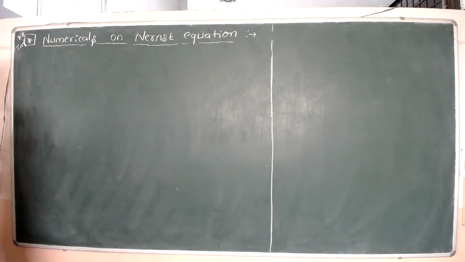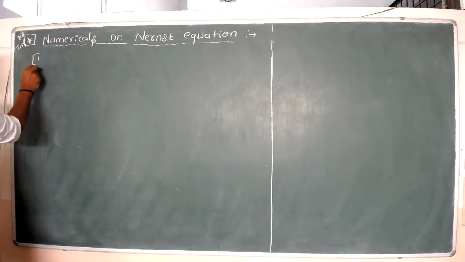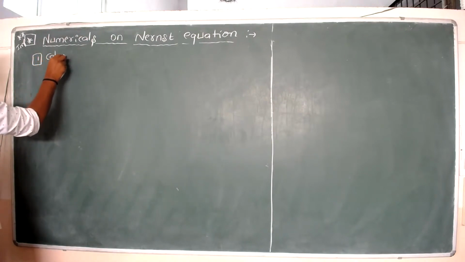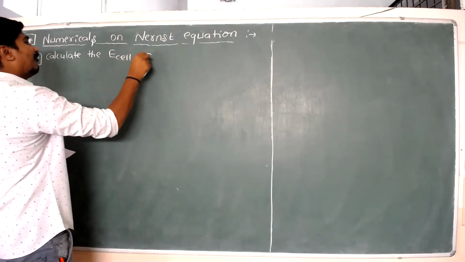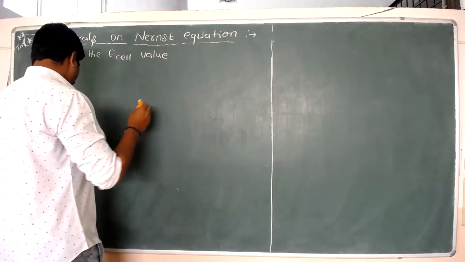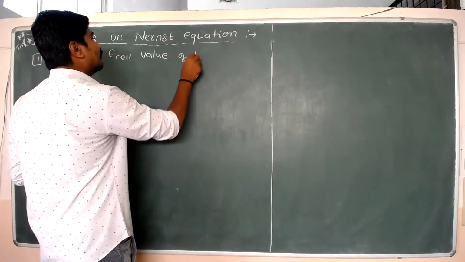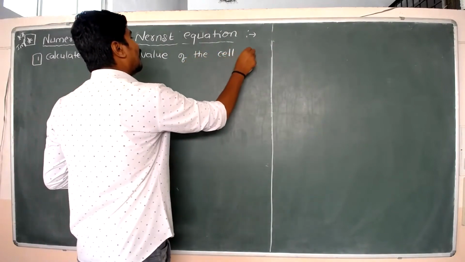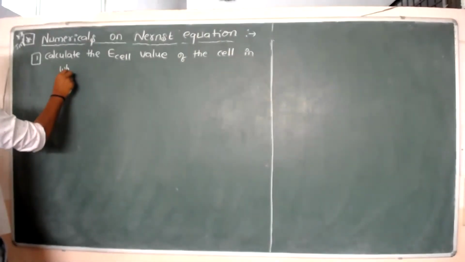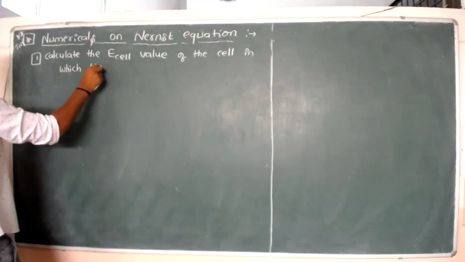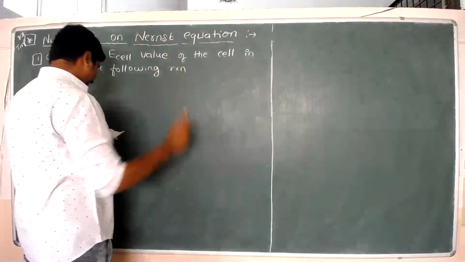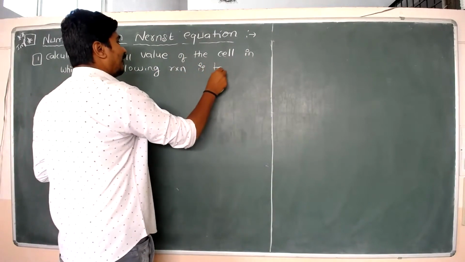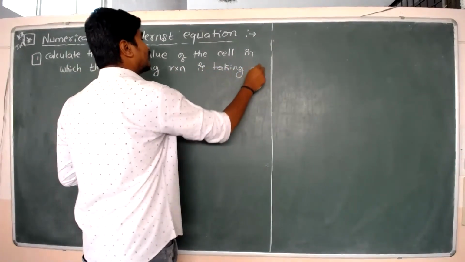First numerical is: calculate the E cell value of the cell in which the following reaction is taking place. The following reaction is taking place.